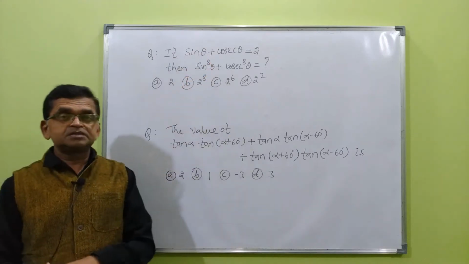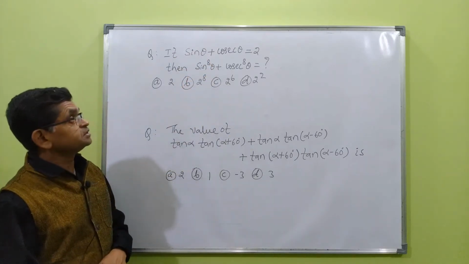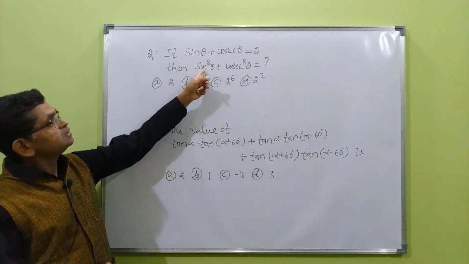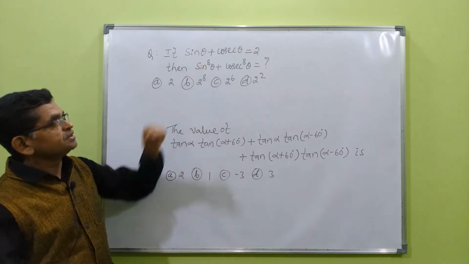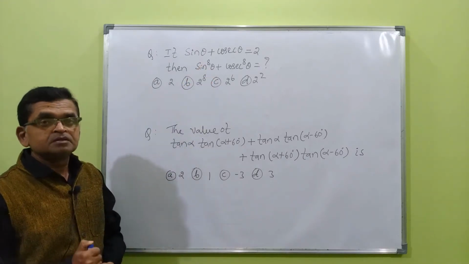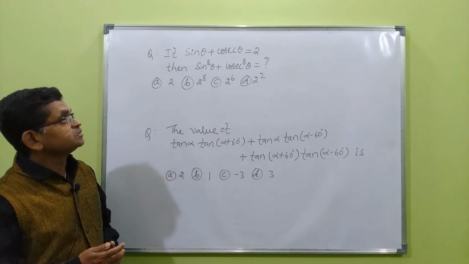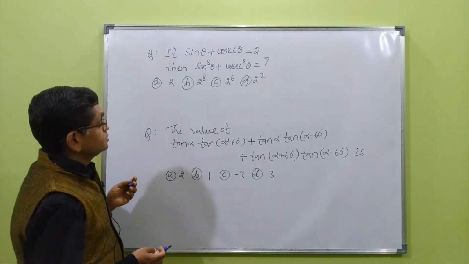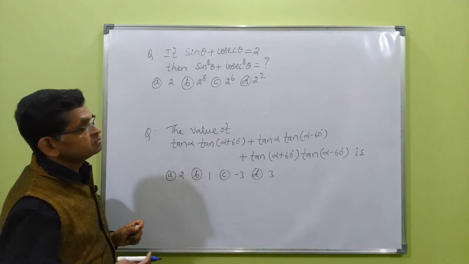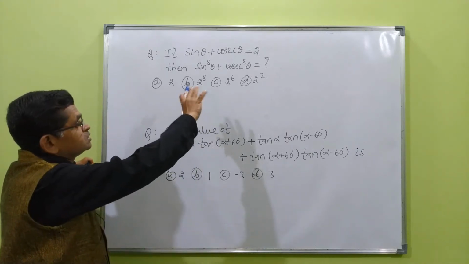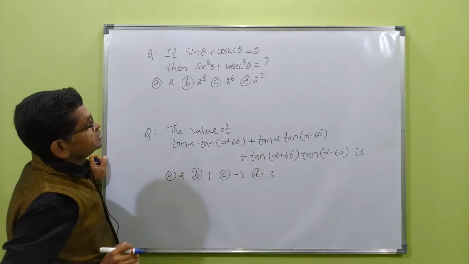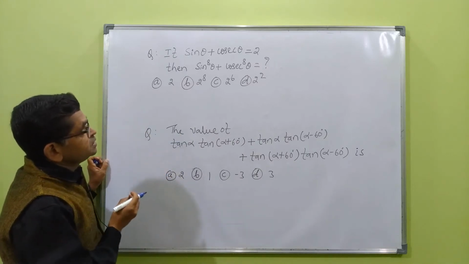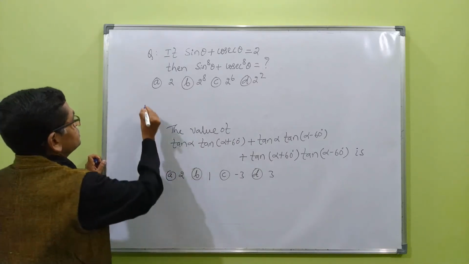If sin theta plus cosecant theta is equal to 2, then sin raised to 8 theta plus cosecant raised to 8 theta is equal to how much? See, here also the substitution method is helpful, otherwise it is very difficult to find. So just take sin theta is equal to 1.